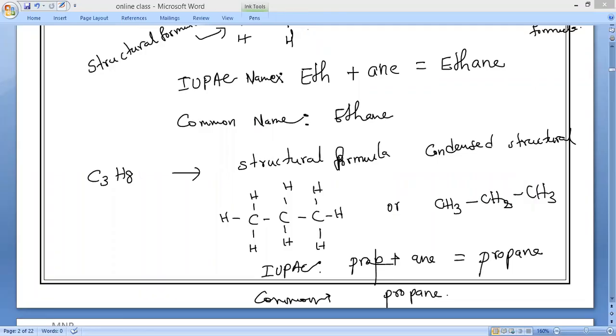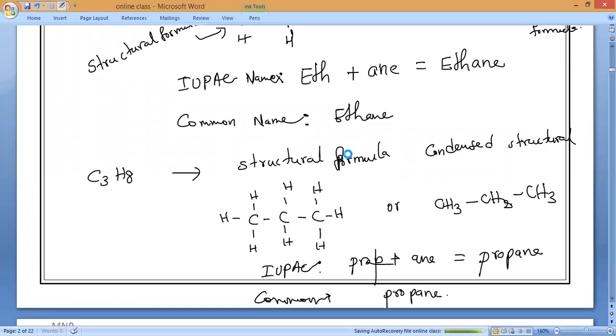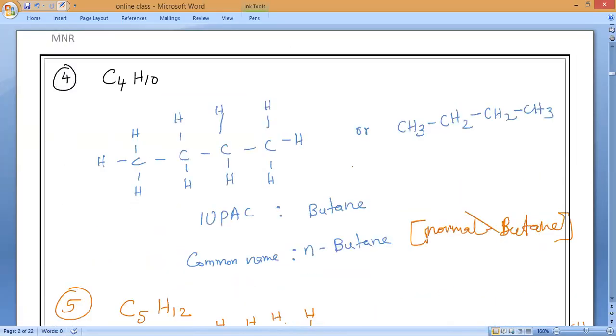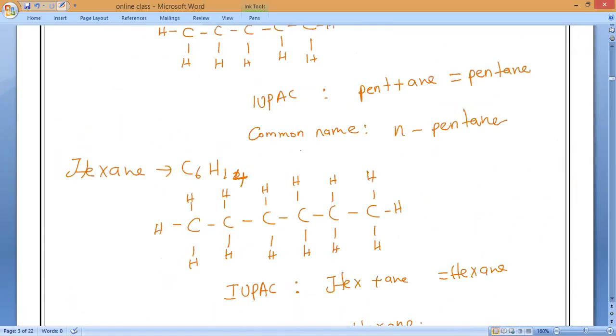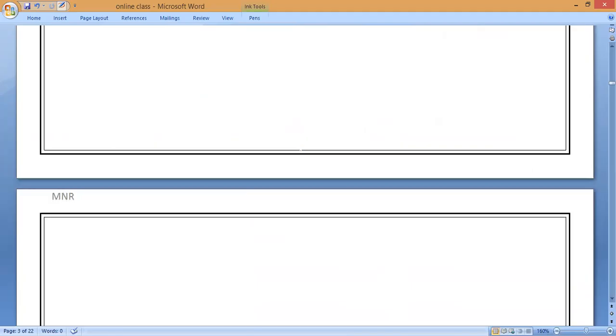From butane only it is possible to form branched chains, so from butane we say the common name is N-butane. If anybody doesn't know, please note it down.